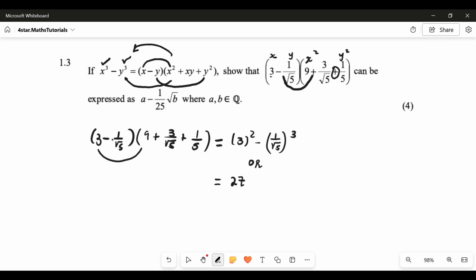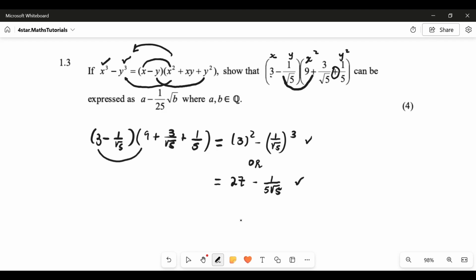So here we multiply negative 1 over square root of 5 times 1 over 5. Negative 1 times 1 is 1, and square root of 5 times 5 is 5 root of 5. This is the same as that.